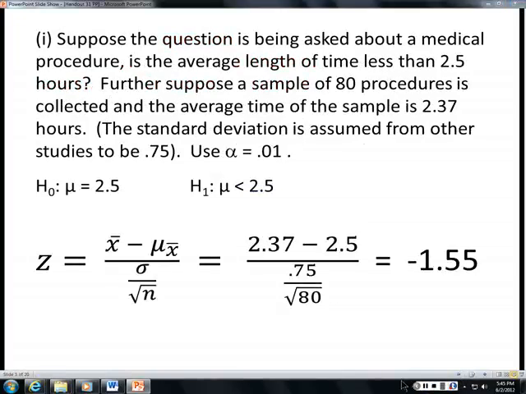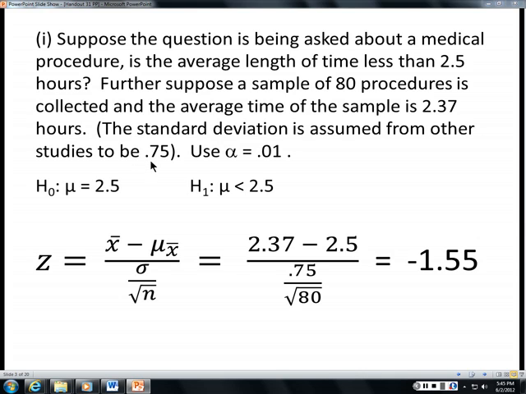Now we're really ready to calculate the test statistic in this question. So here's the test statistic formula right here. Z equals the sample mean minus the mean of the sample mean divided by the population standard deviation over the square root of the sample size. Now many of these numbers should be pretty straightforward. It says the standard deviation is assumed from other studies to be 0.75.